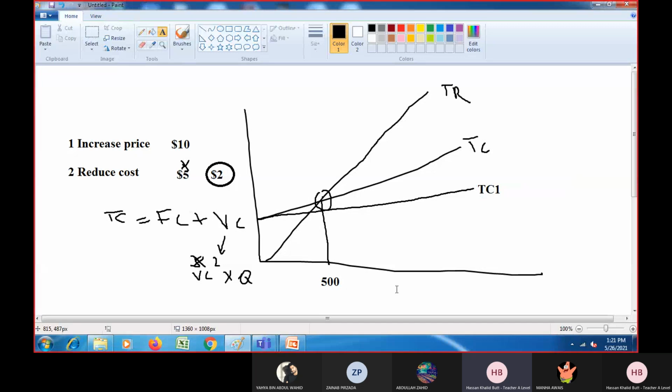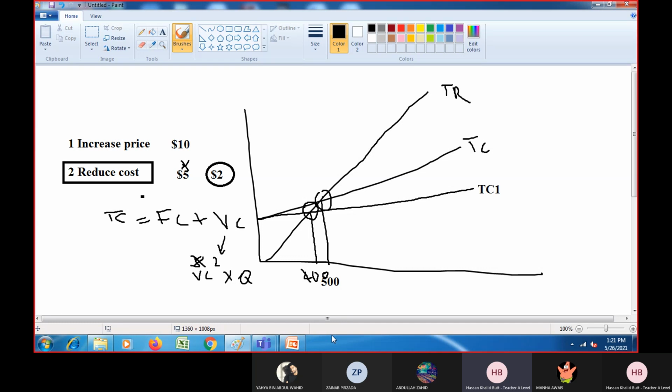Now you can again see, when you use this strategy, that the break even level is achieved earlier. Now it's right there. This is the new break even, and now you might achieve it at the output 400, right? 400. So again you can achieve it earlier.